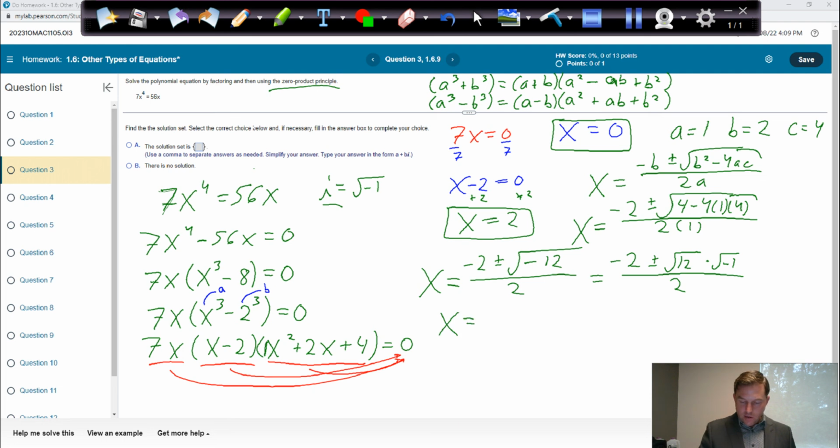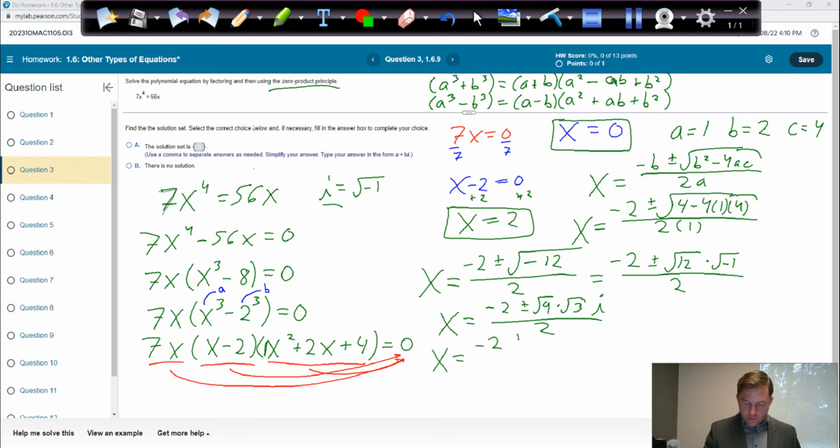Now this square root of minus 1 will become i, this imaginary number. So we get x equals minus 2 plus or minus. I'm also going to do one more thing with the 12. I'm going to write the square root of 12 as the square root of 4 times the square root of 3, and the square root of minus 1 became i. Using that same idea, I can break up the 12 into 4 times 3, the factors of 12, as long as they both have a square root. Now we can see that the square root of 4 is just 2.